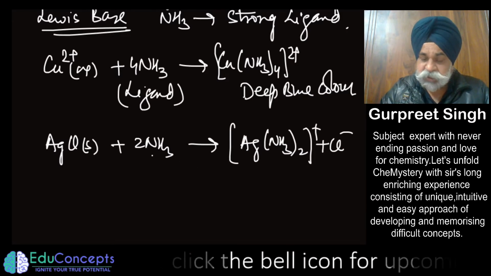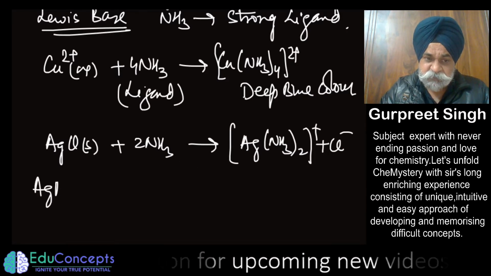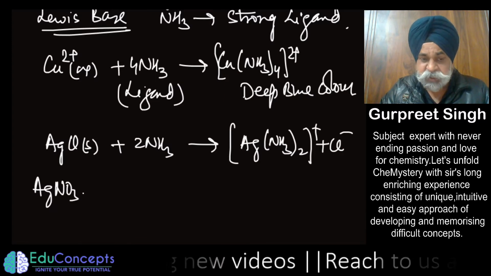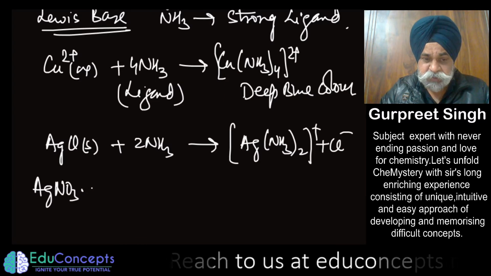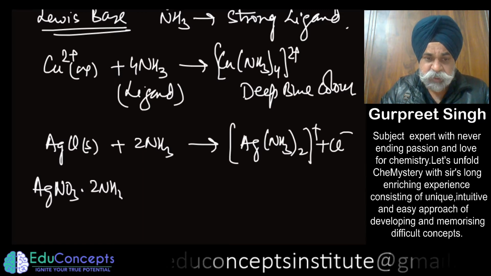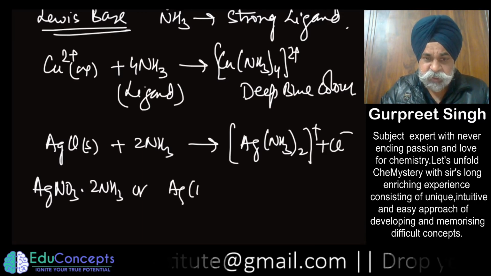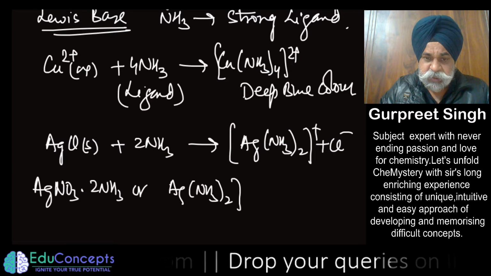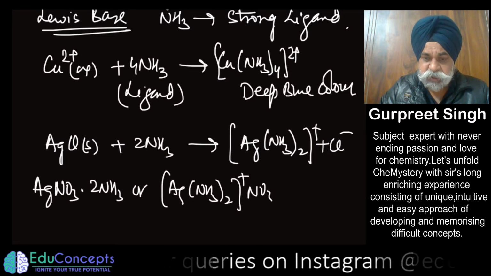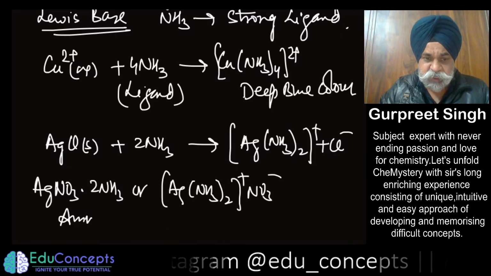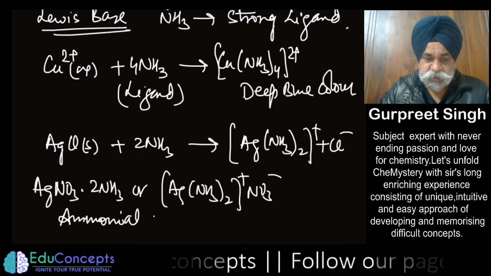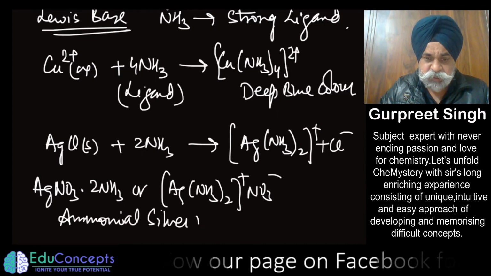So here also ammonia is acting as a ligand, or you may say ammoniacal silver nitrate. This happens to be shown like this at times, or it is shown like this, ammonia, and then this is nitrate.